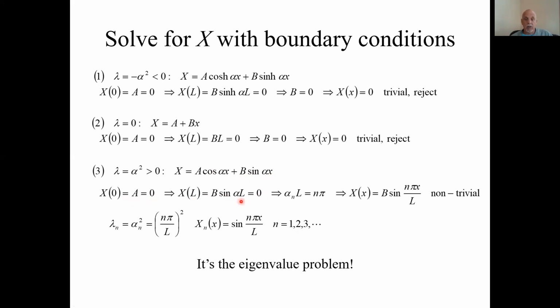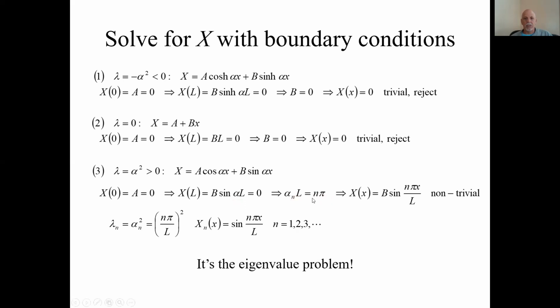Here, sine of alpha L equals 0 in a whole bunch of places, an infinite number of places. Every place the argument is an integer number of pi. Our alpha n's, there's going to be a bunch of alpha n's. Alpha n L equals n pi.